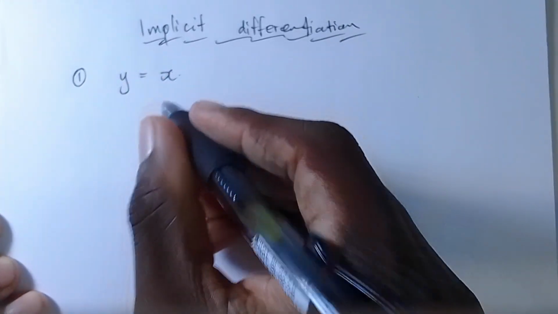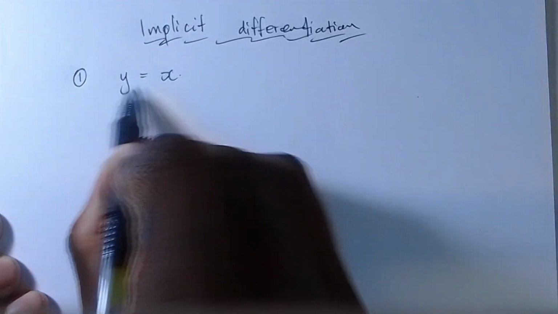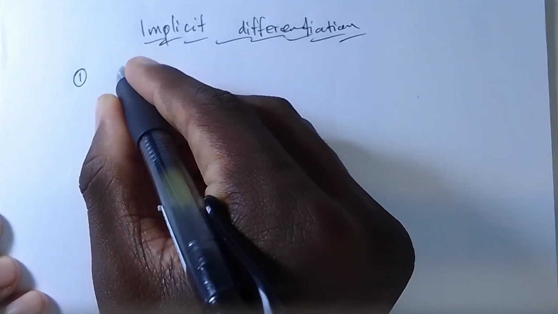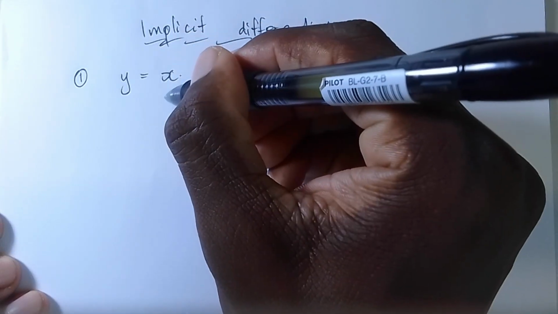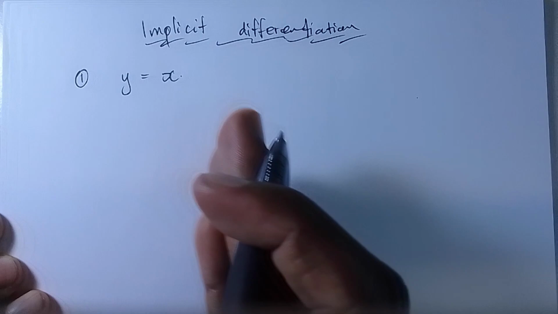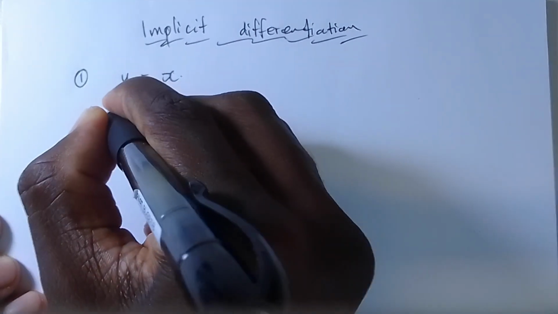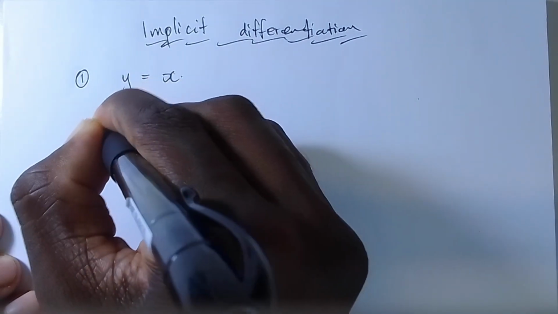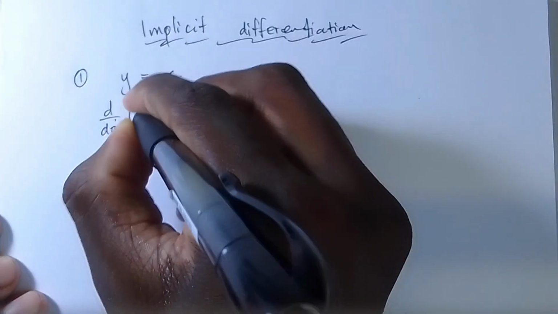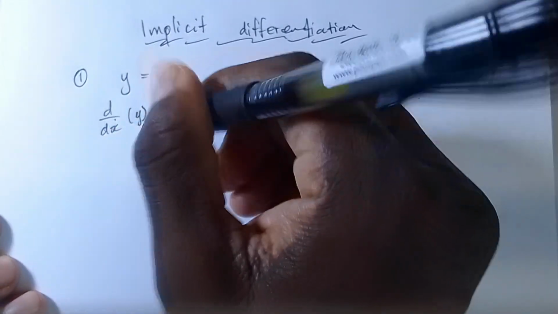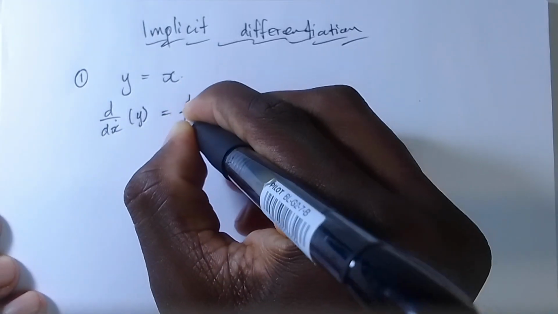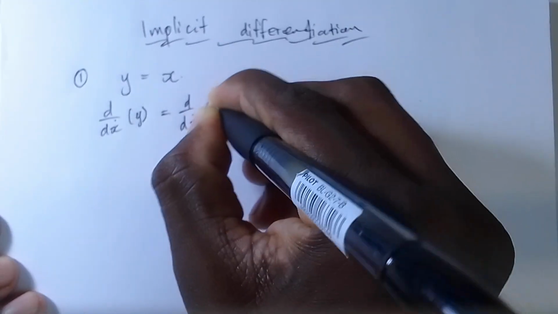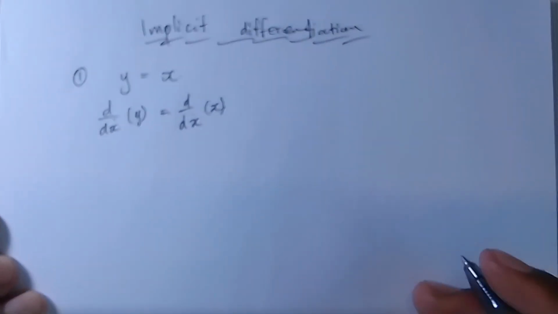So for here, if you were using implicit differentiation, what you do basically is you find the derivative of this side and you find the derivative of the other side. The rule is that the derivative of the left is the same as the derivative of the right. So the derivative of y with respect to x should be the same as the derivative of x with respect to x, right?